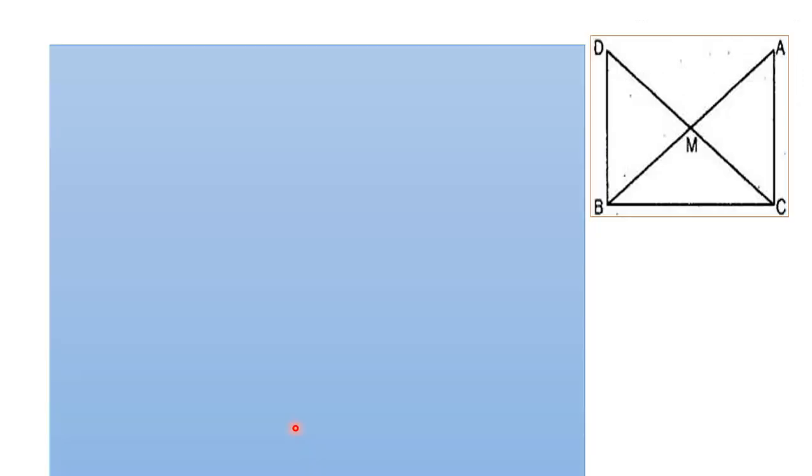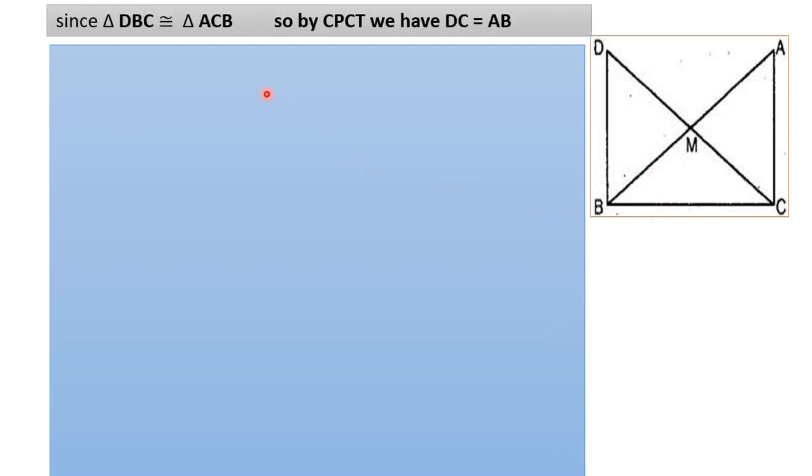If triangle DBC and triangle ACB are congruent, then DC, the hypotenuse of triangle DBC, and AB, the hypotenuse of triangle ACB, are both equal. So DC is equal to AB.